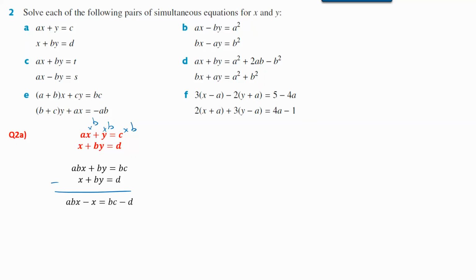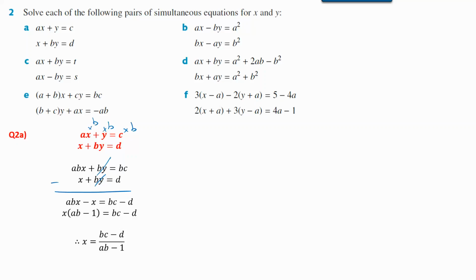So bc take away d, by take away by cancels out, and you've got abx take away x. They both have a common factor of x. Take out x as a common factor, (ab minus 1) x, and since it's times, I can divide both sides by ab minus 1, and I get x equals (bc minus d) over (ab minus 1).